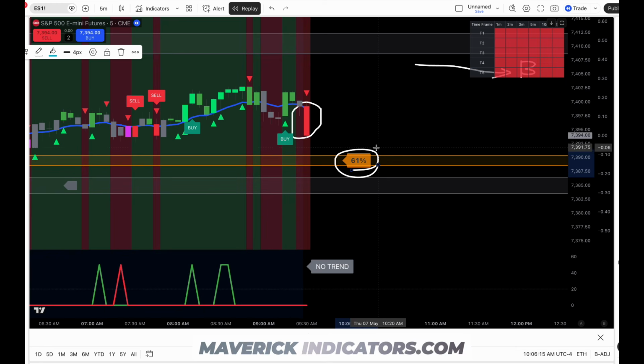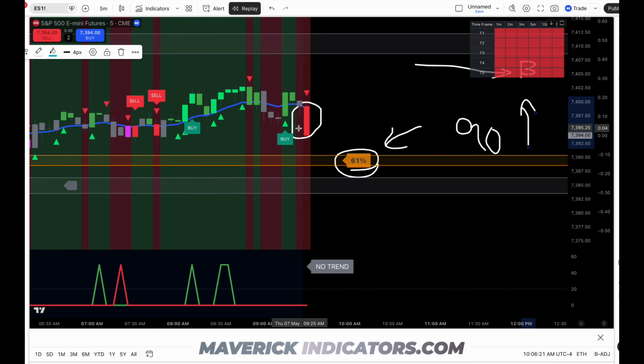Now, the reason I point this out is because if this said 90 or higher, I would not take a short into here. 91% or higher is like a brick wall. Even if you saw a 200-mile-an-hour sports car flying down the road, and I said, how far do you think it's going to go, you'd say, as long as it doesn't run out of gas, pretty far.